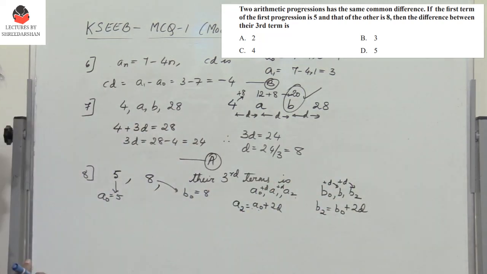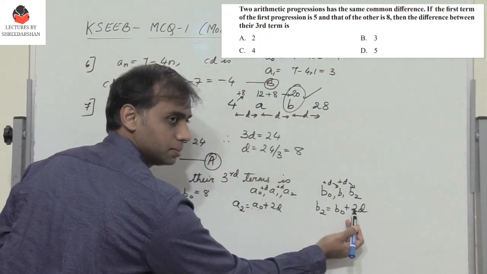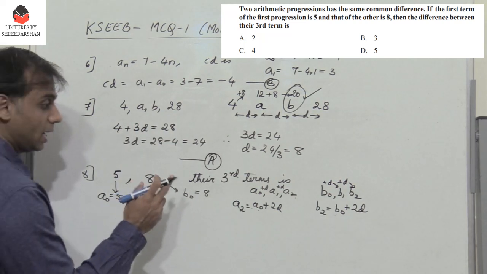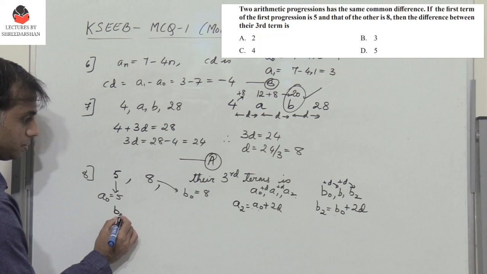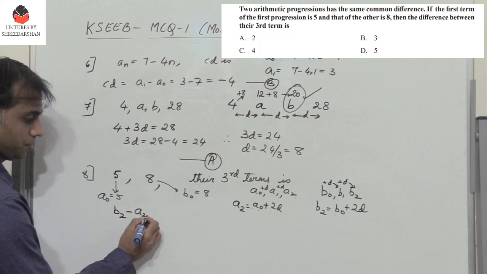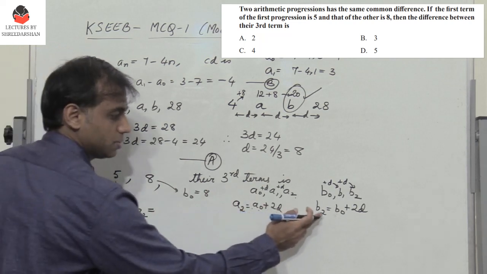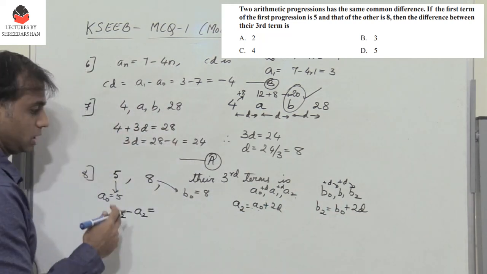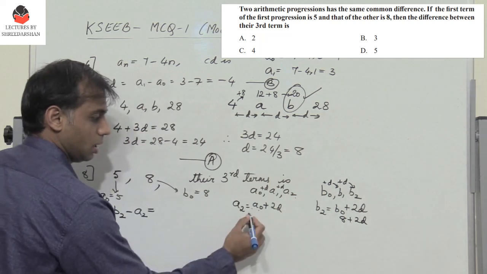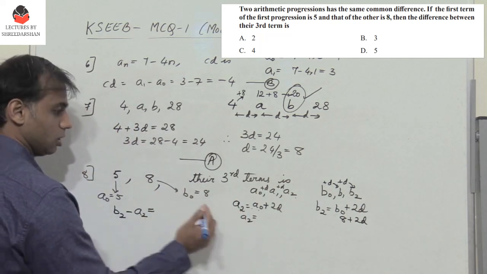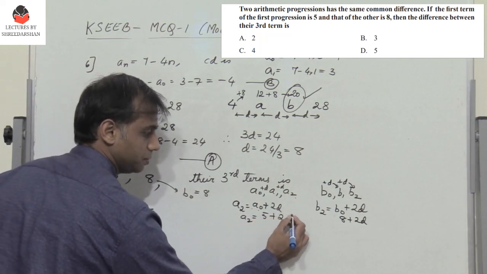And we know that 2d is common. The common difference is common, and I need to find the difference of their third terms. That means I need to find b2 minus a2, which is, what is b2? b2 is b0 plus 2d. b0 is 8, so I have 8 plus 2d. And what is a0? a0 is 5, 5 plus 2d.